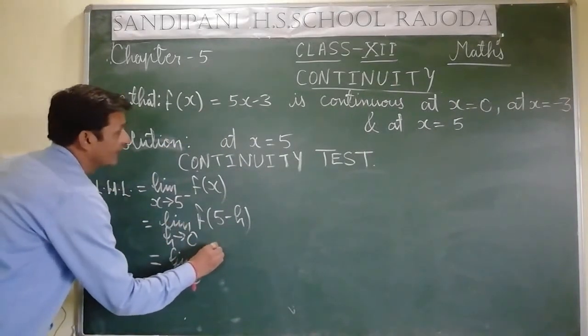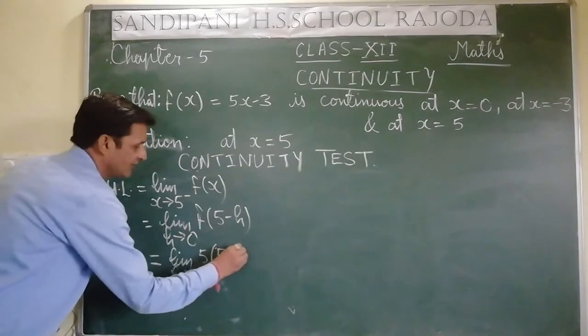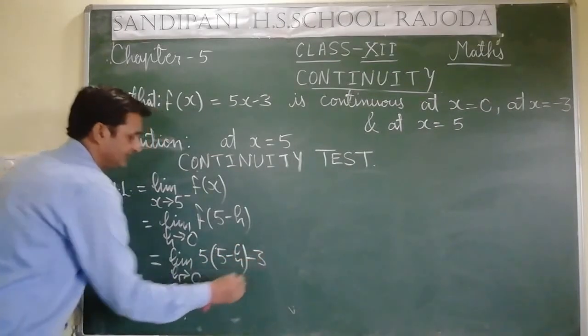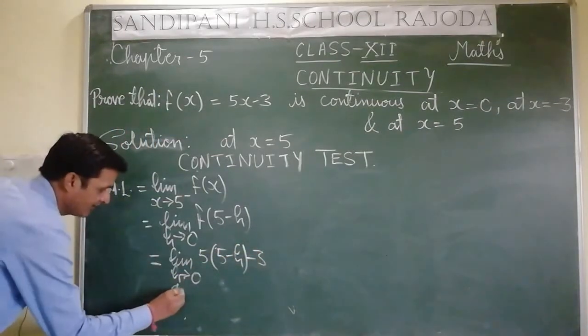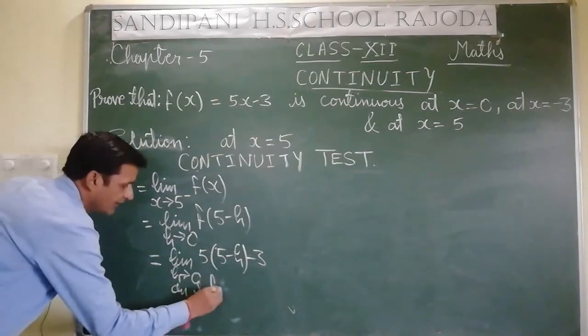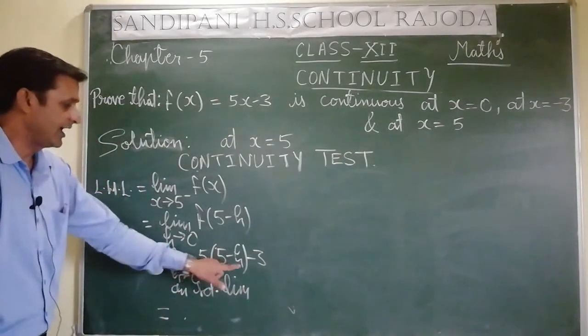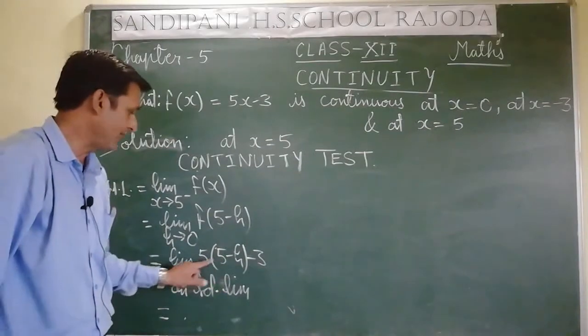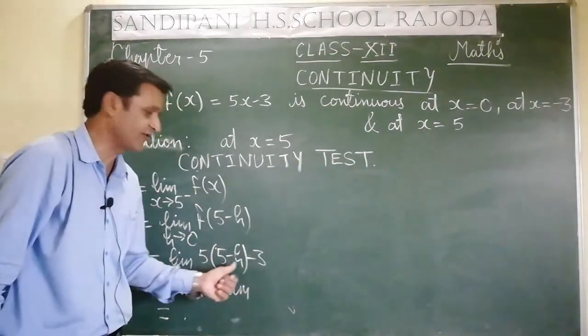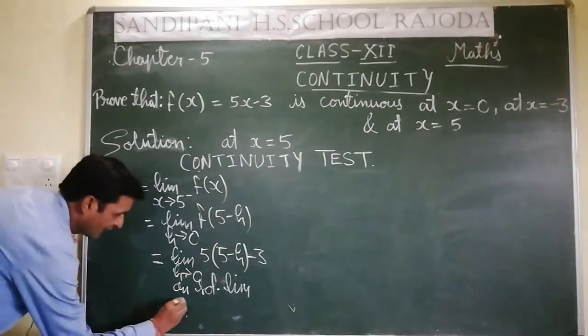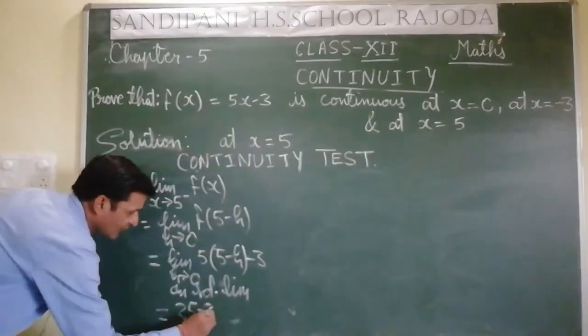So 5 into 5 minus h and then minus 3. On solving the limit, if we solve the limit here, then the value of h is 0. So 5 into 5 minus 0, that is 5 fives are 25, minus 3. So 25 minus 3 is equal to 22.